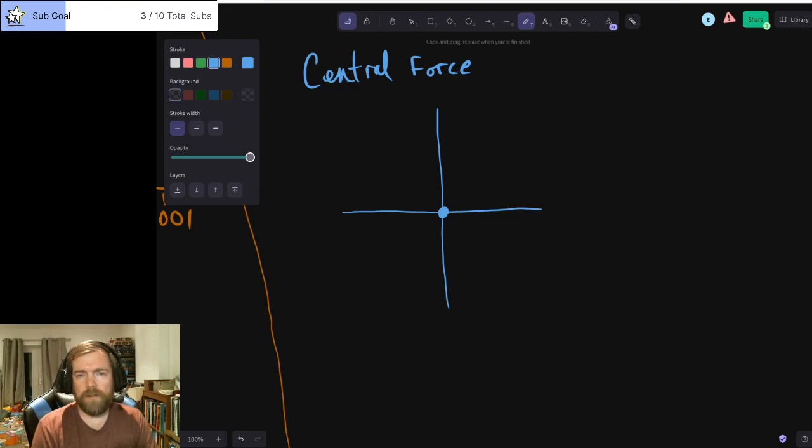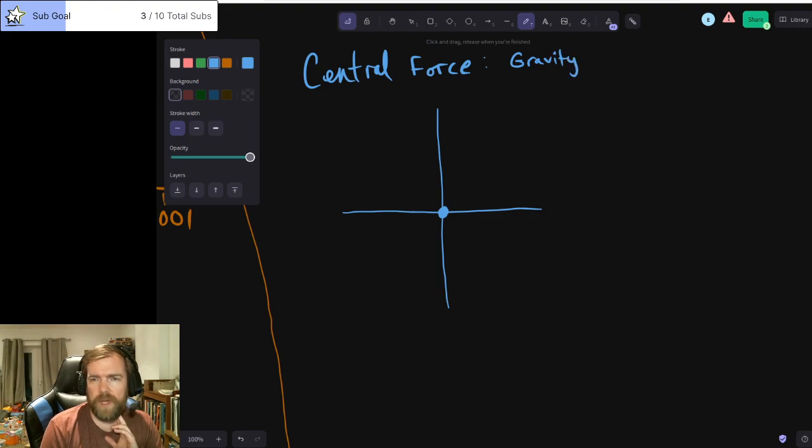The point here is that this central force, in this case we're talking gravity. We could also have magnetism, electrical charge, and the list will go on.